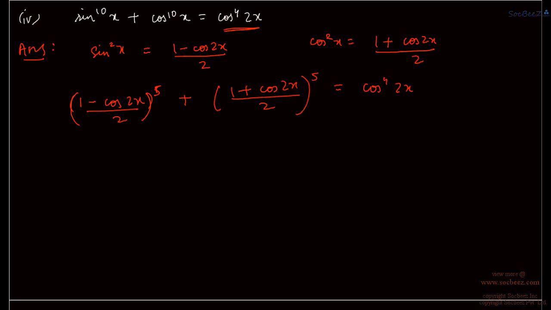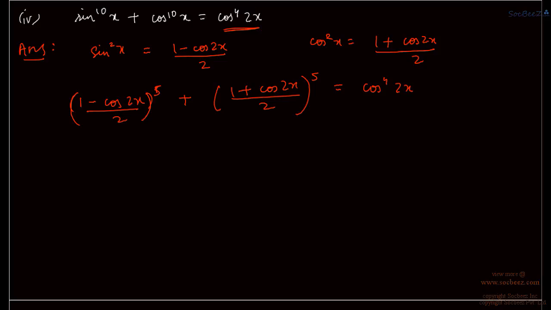So that can be easily taken out. But what you have in the numerator is pretty interesting, right? So you have (1 minus cos 2x) power 5 and you have (1 plus cos 2x) power 5. Now if you don't know how to simply write these in a very simple way, you can just expand them right now and you'll see what happens usually with these kind of equations. Okay. So let's expand the terms here. Now I will take 2 power 5 as common and just multiply the whole equation with that.